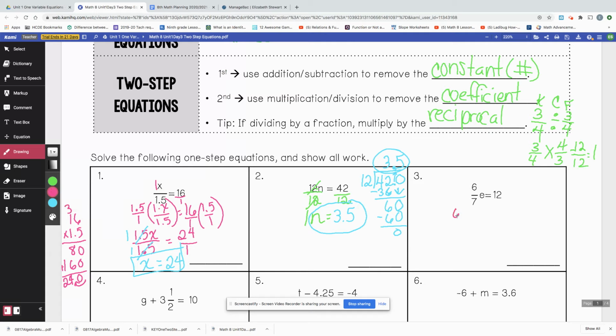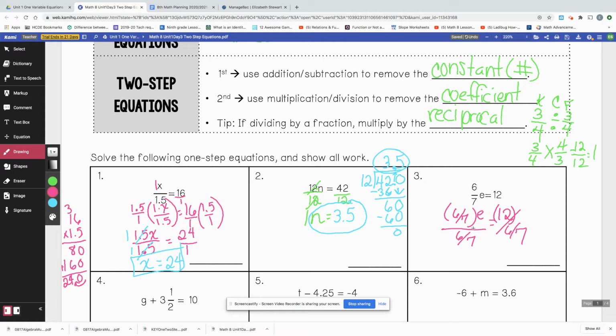So 6/7 times e divided by 6/7 equals 12 divided by 6/7. Remember those compound fractions from 7th grade? They're still with us.